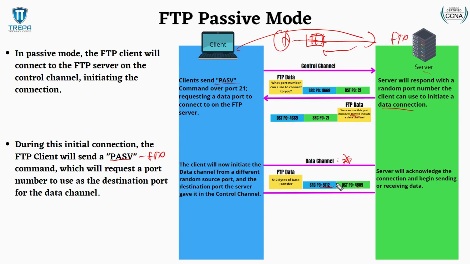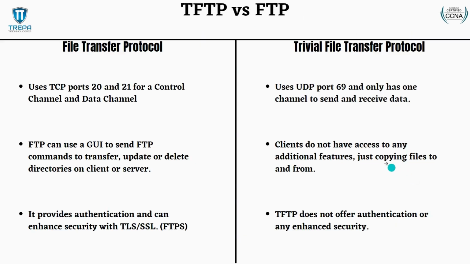That's how passive mode gets past those firewalls as well, because the destination port is not going to be that typical port 20. It's going to be a completely different destination port that we create that data channel on. So pretty cool. I hope that breaks down the two different modes. I know that can be a little confusing, but I hope that helped.